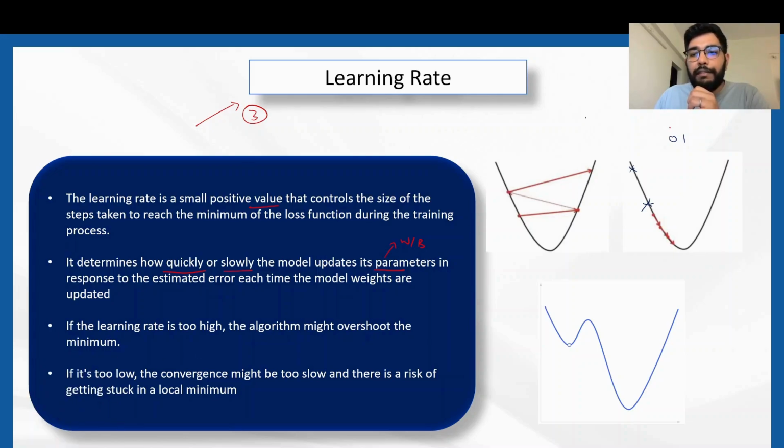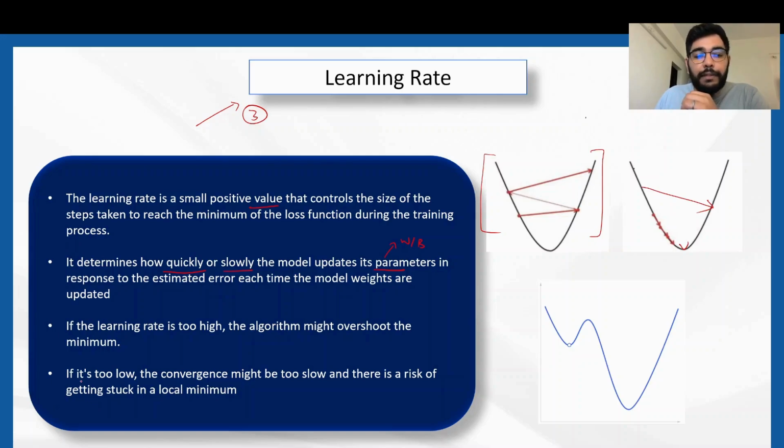For instance, on the left hand side graph, if we have a very big learning rate, there is a possibility that the model has such a big step size that instead of going from here to here, it might overshoot and go in the opposite direction, which is not recommended.